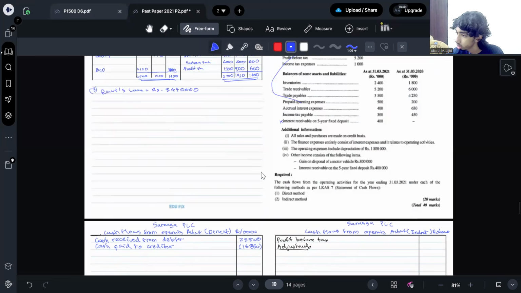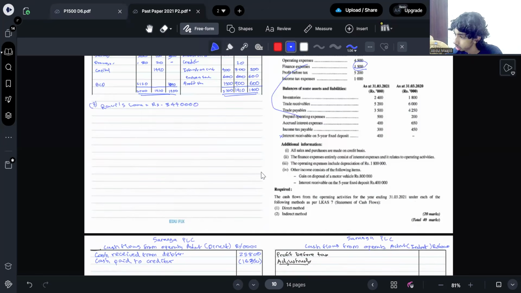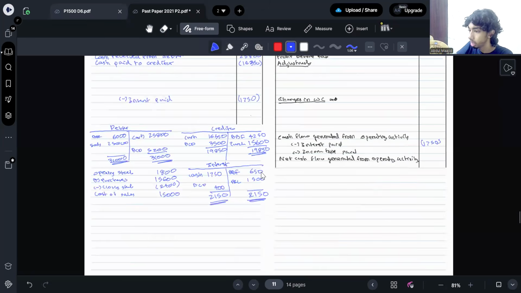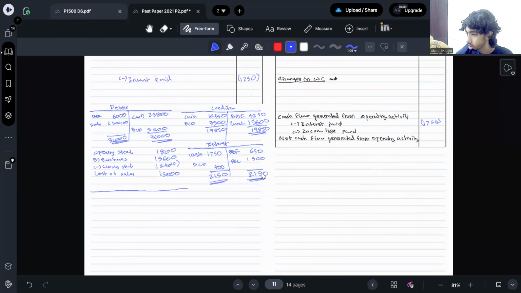Now the operating expense includes 1,800 depreciation. Operating expense 4,500. Is there any prepaid operating expense? So prepare a T account. Operating expense, prepaid: opening prepaid operating expenses 200, closing prepaid operating expenses 500. Then the operating expense given in the income statement for the year is 4,500. Now we want to find the cash paid amount.